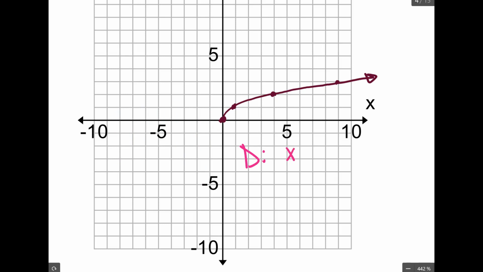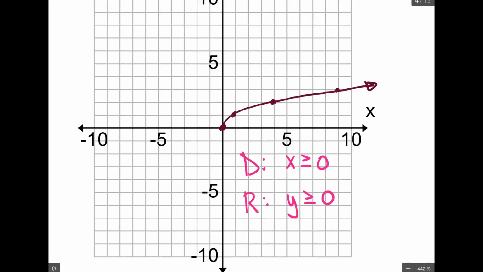So really my X is going to be greater than or equal to 0 because it's everything to the right of the Y axis. My range, interesting problem. There's no Y values less than 0. Notice they all are 0 or above. So Y is going to be greater than or equal to 0.